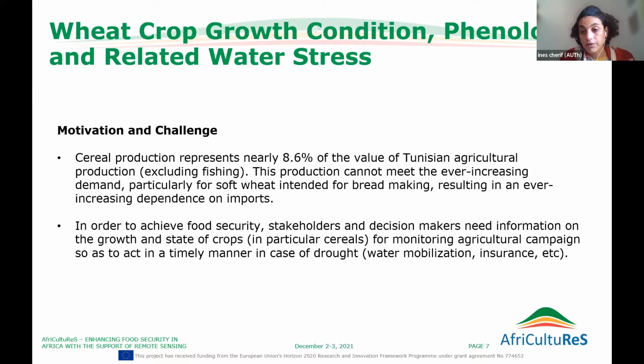There is an increasing demand for wheat and cereal production, and for food security. To reach it, all stakeholders and decision makers need relevant and timely information on the growth and state of crops, so that they can act timely in case of drought, pests or disease.